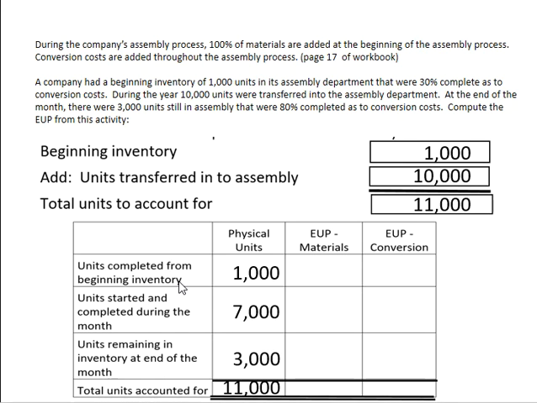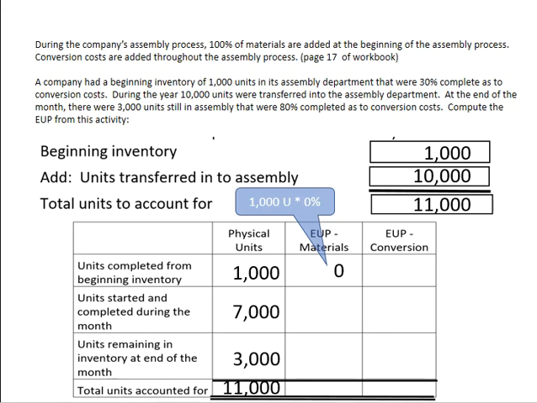So, units completed from the beginning inventory. The first thing we know is we had 1,000 units that were going to be completed. Now remember, our raw materials were already added at the beginning of the production process, in the previous accounting period, so those have already been accounted for. The additional materials we need to complete these units is 0%, because all the materials were already added.